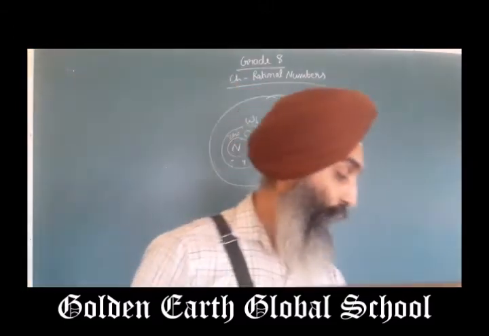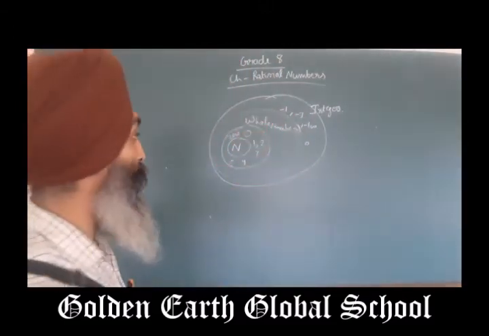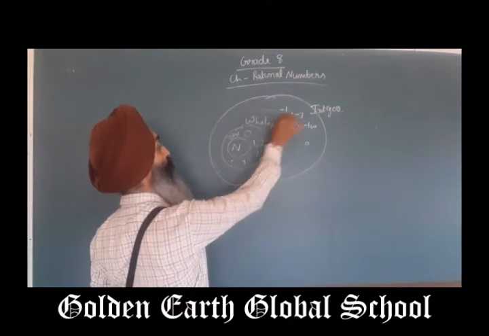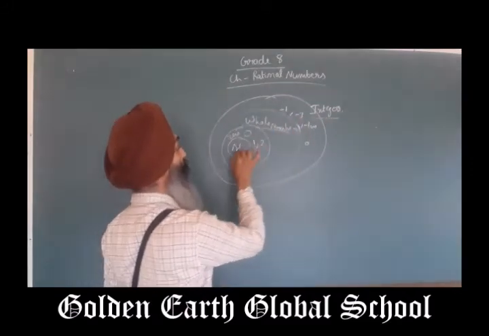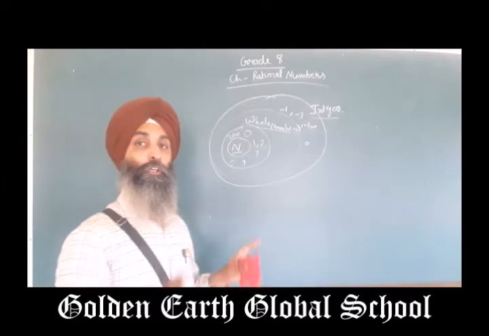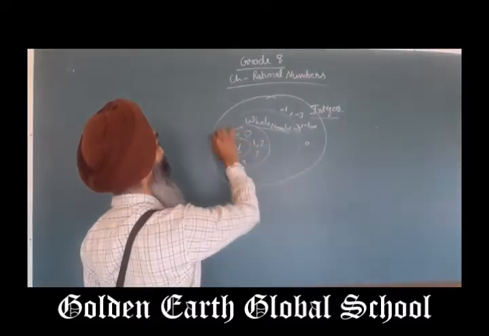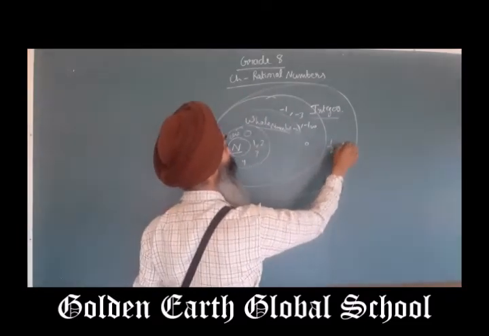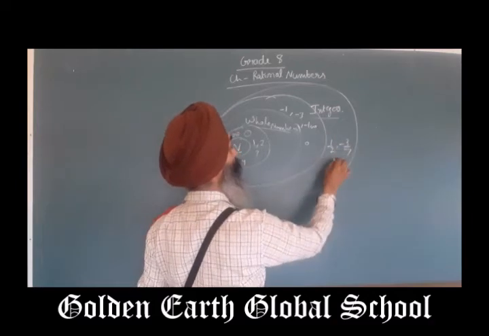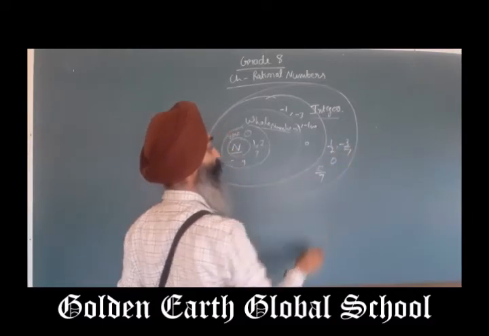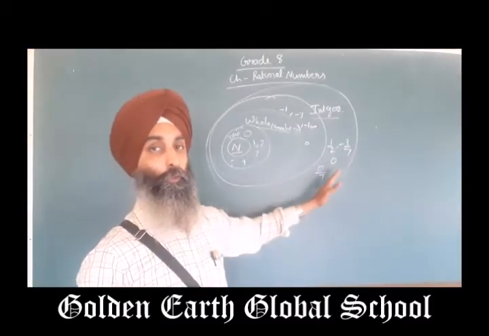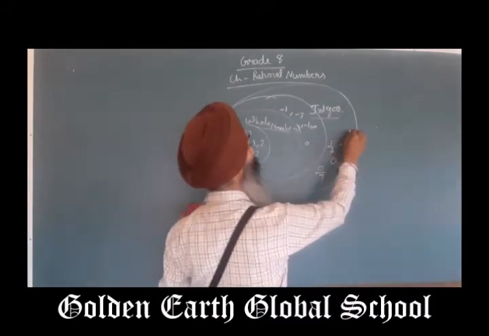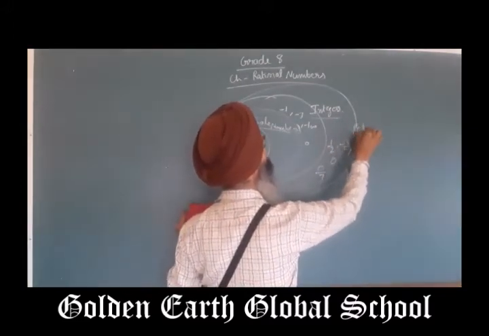Whenever you have fractional parts, where will the fraction lie? When you add fractions, because integers, whole numbers and natural numbers don't include fractional numbers. If you add fractional numbers, suppose 1.2, minus 3.7, 0, 0.7, if you include all numbers including these numbers, then they are called rational numbers.